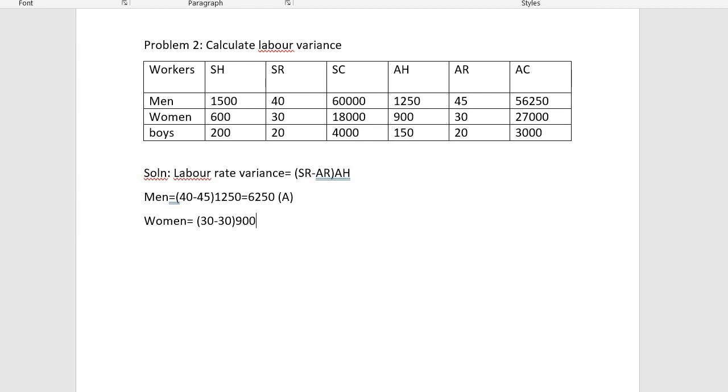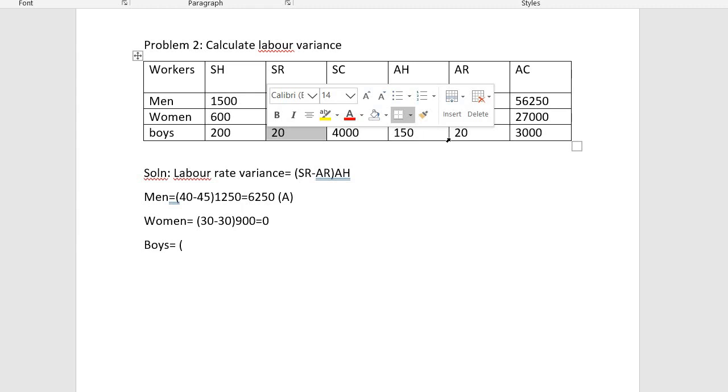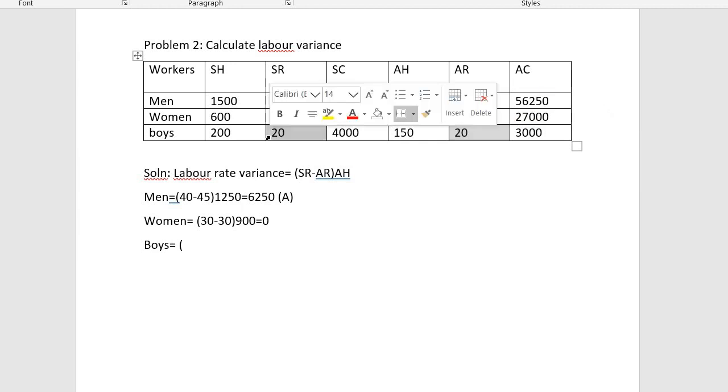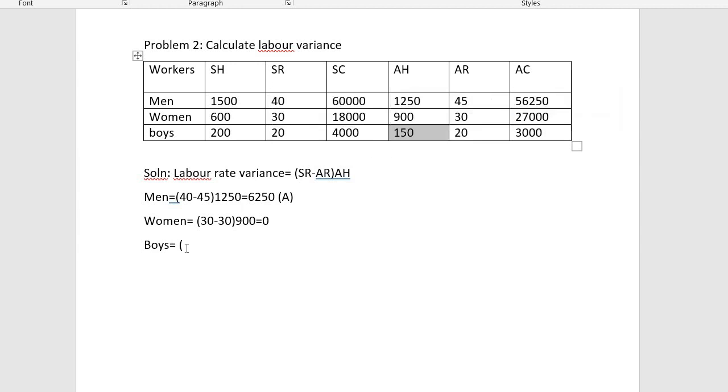Zero multiplied with any number will come to 0. Next, for boys, standard rate is 20, actual rate is also 20, and actual hour is 150.